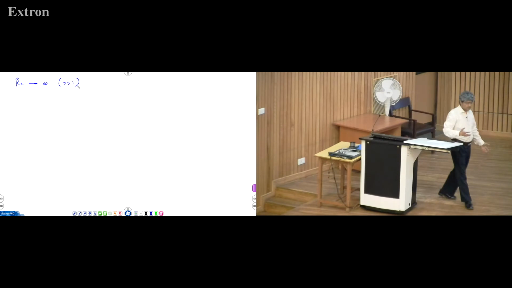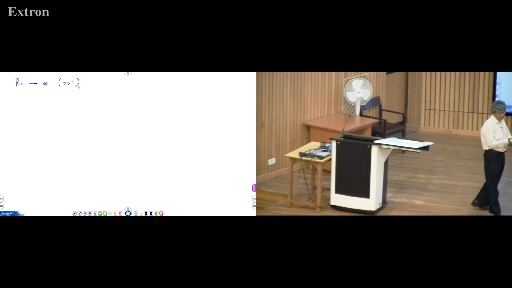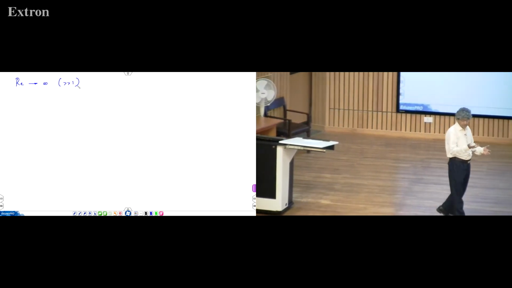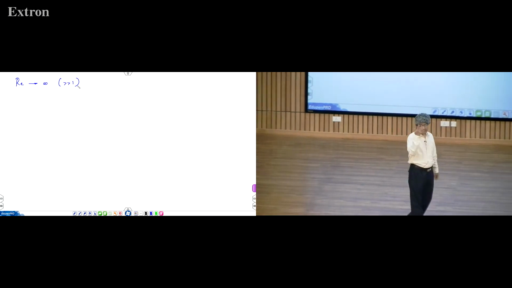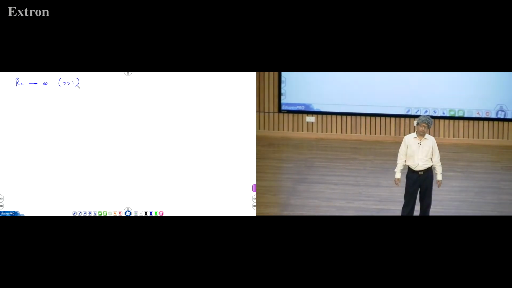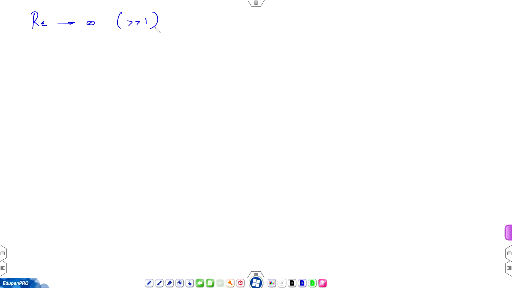Of course, low Reynolds number you would get if velocity is small, dimensions are small, viscosity is high, and in contrast you get high Reynolds numbers if velocity is high, linear dimensions are large, and viscosity is small, typically gases. So, low Reynolds number limit is typically in liquids and high Reynolds numbers in gases.